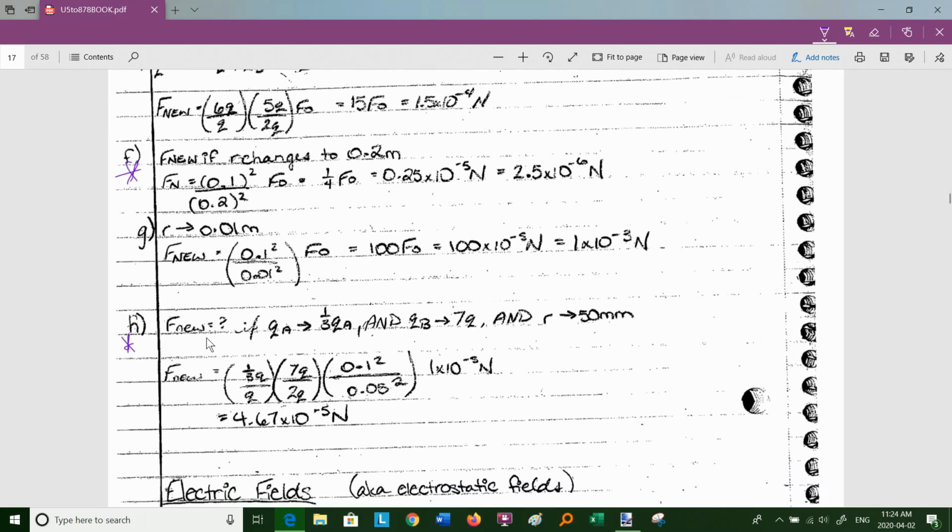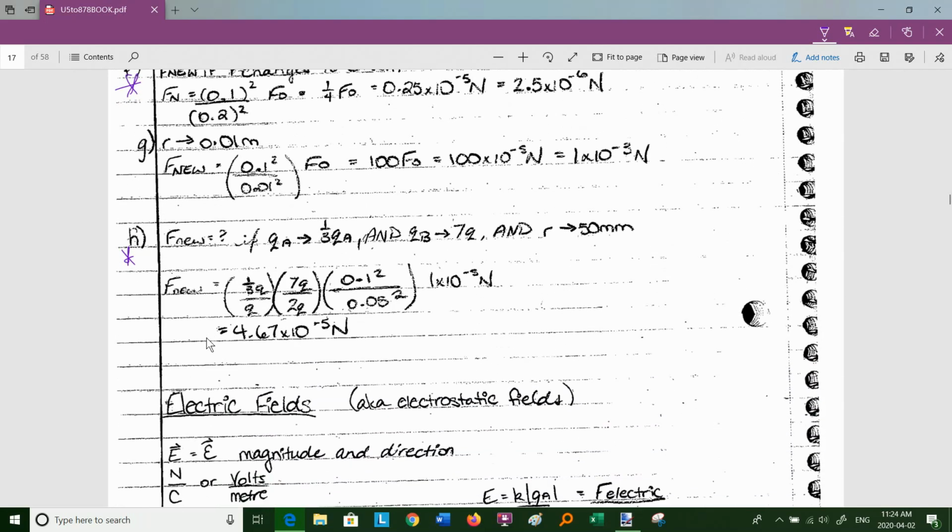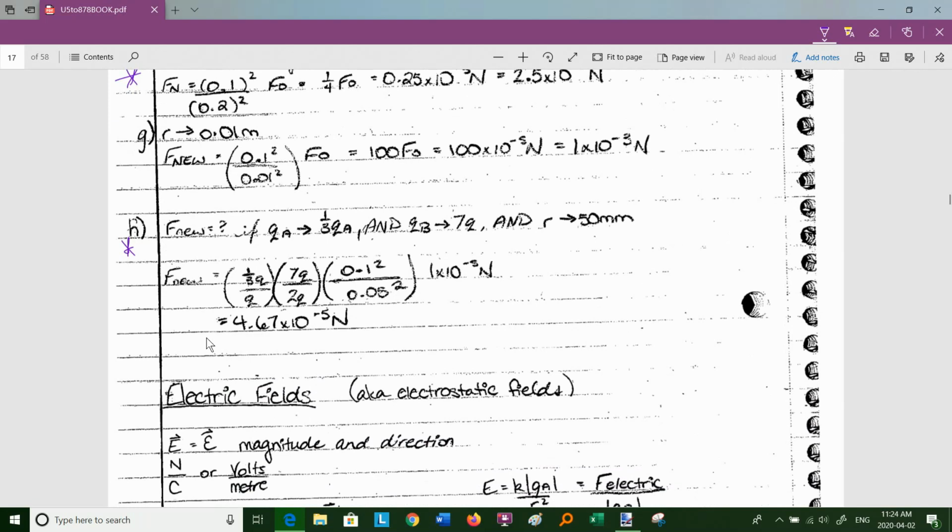And as you can guess, all the buildup is to part H here. What is my new force if I do 3 changes at once? I make QA a third of what it was originally, so a third of Q. QB switches to 7Q, and R goes to 50 millimeters, which is 0.05 meters.